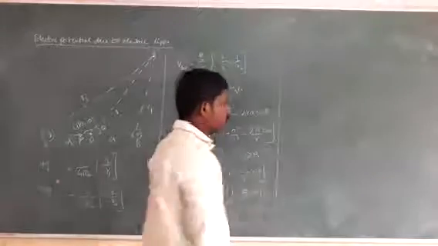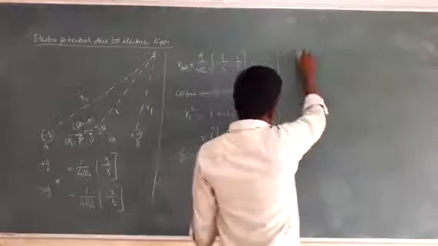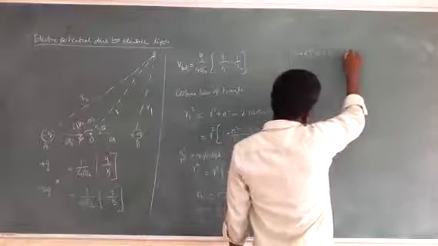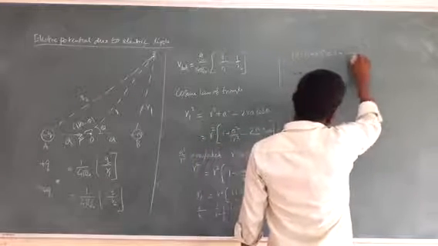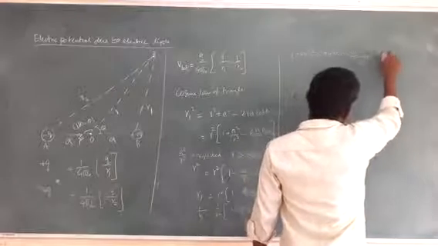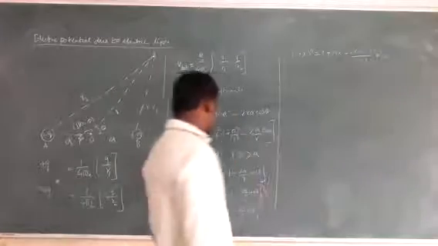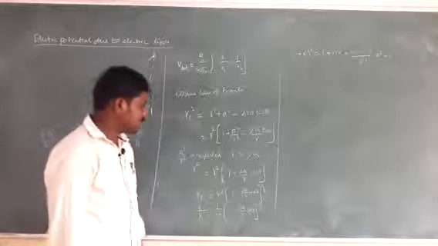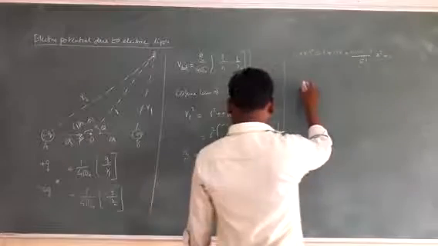We are using the binomial theorem: 1 plus x power n is equal to 1 plus nx plus n into n minus 1 by 2 factorial x squared and so on. Here x is minus 2a by r cos theta, and n is minus 1 by 2, just proceed.